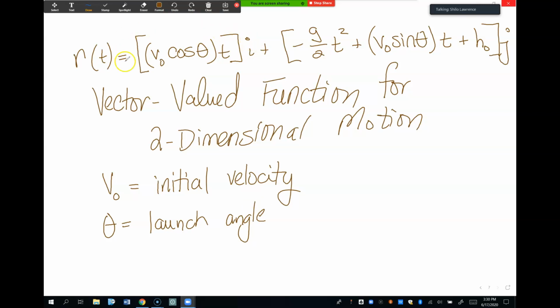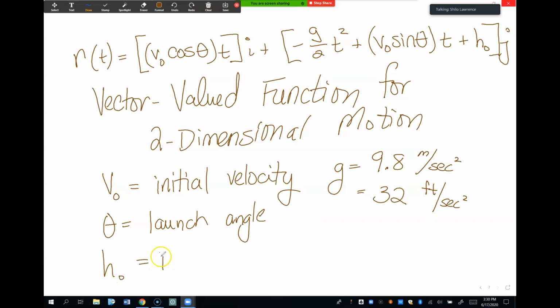The i means this is what's going on in the x direction. Remember, the g value could be two different things. It could be 9.8 if we're working in metric, or it could be 32 if we're working in US units. t is a variable, v sub 0 we've got, theta we've got, and h sub 0 is the initial height.